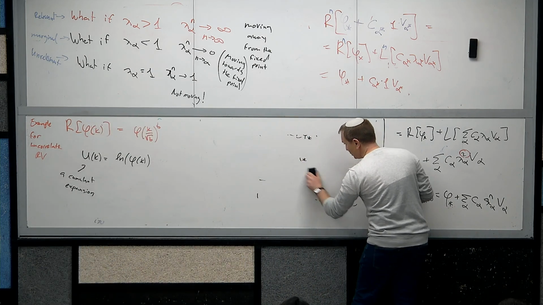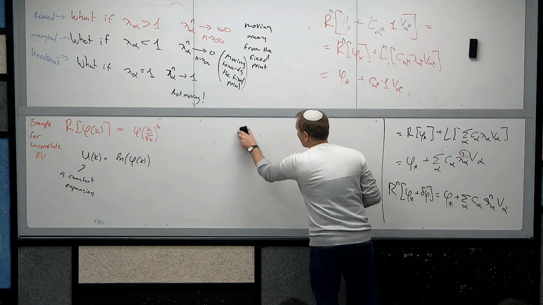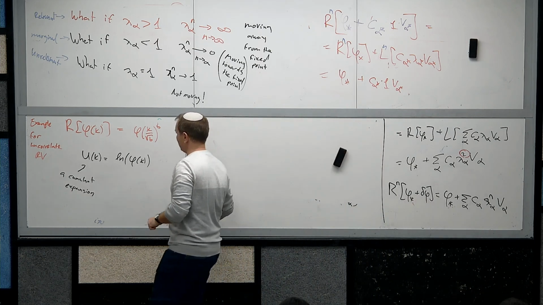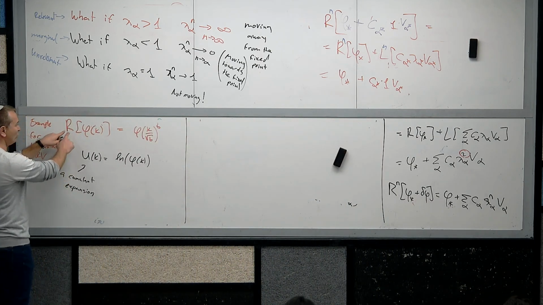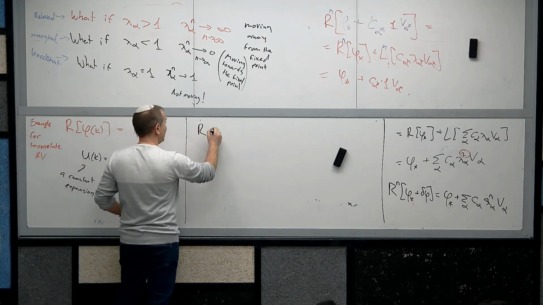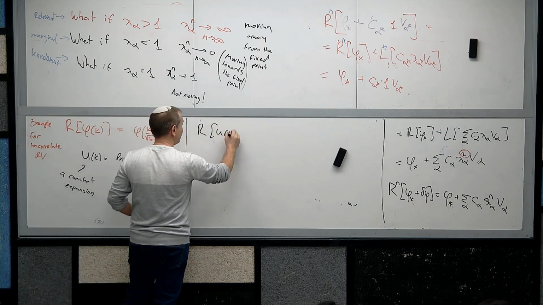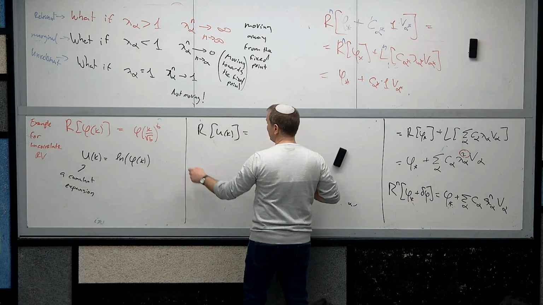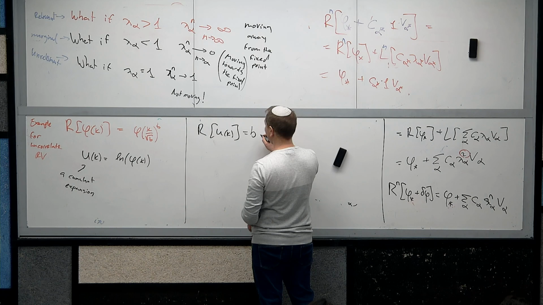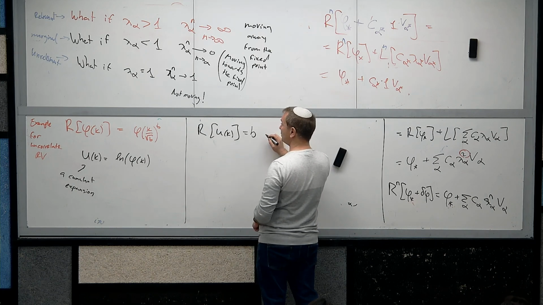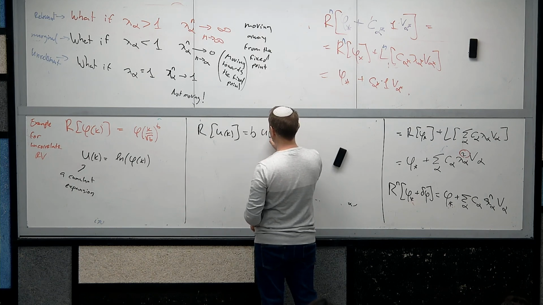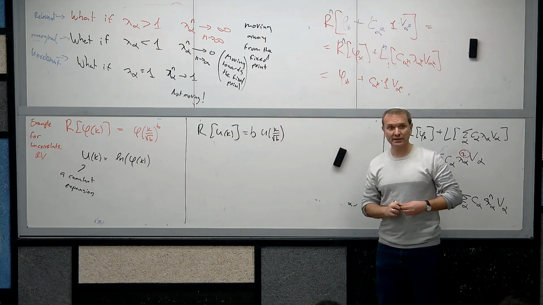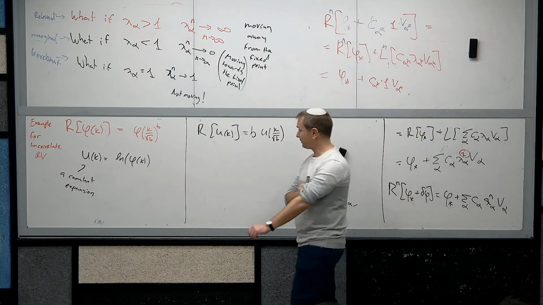So what we know is that the application of the single RG step on U of K produces, when you take a logarithm of this, B of U of K over square root of B. This is what you know.